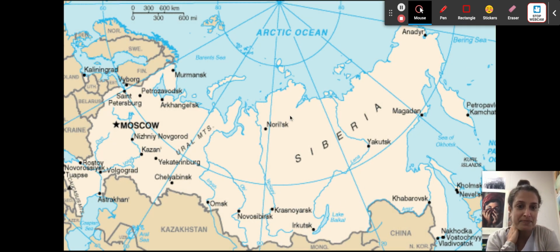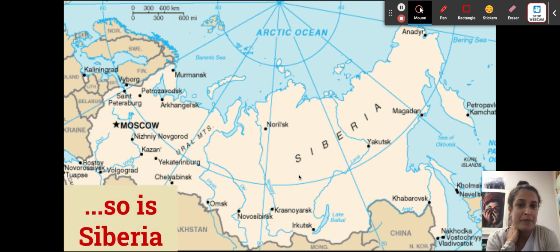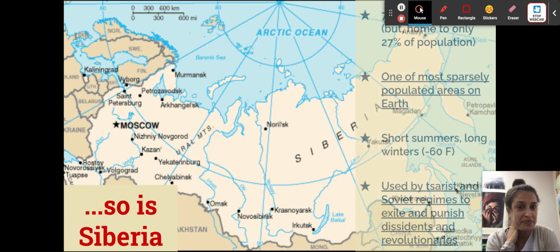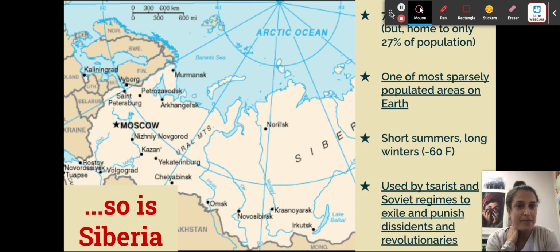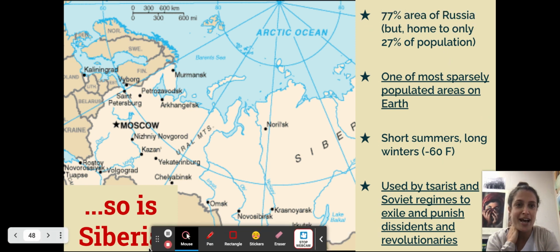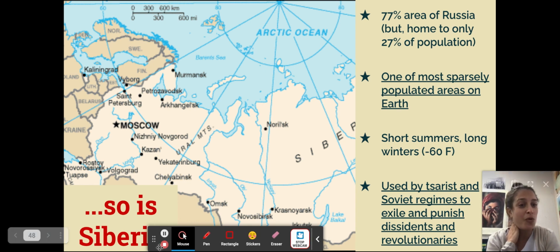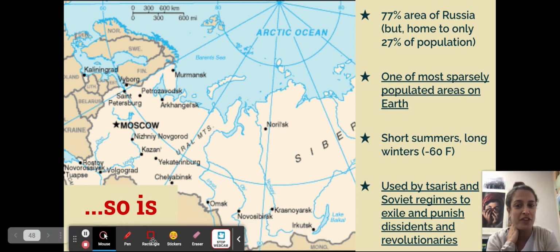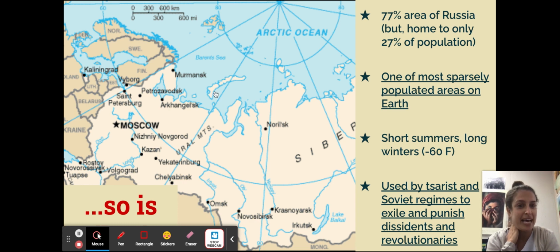This is Siberia. All right. Siberia is also massive. I keep having to move this, it's covering my notes. 77% of Russia is Siberia, but it is only home to about 27% of the population. Why is that?